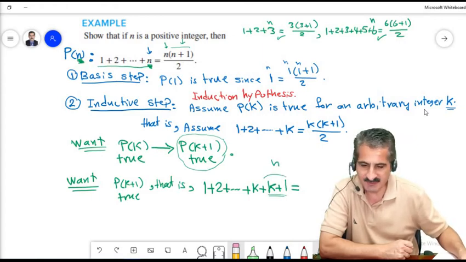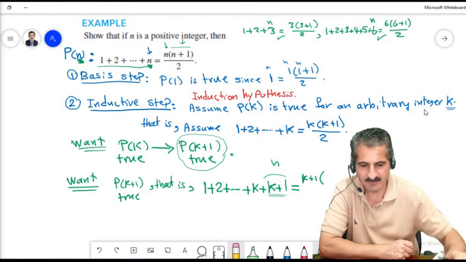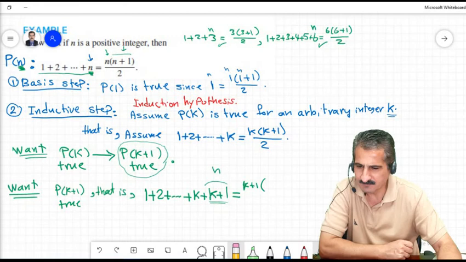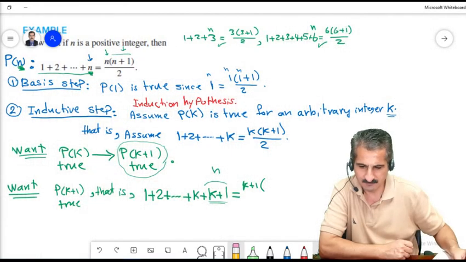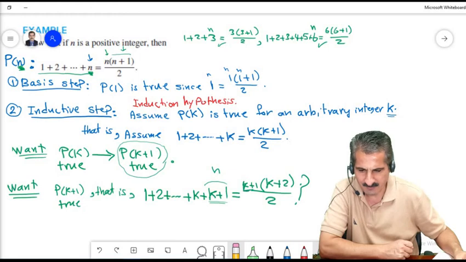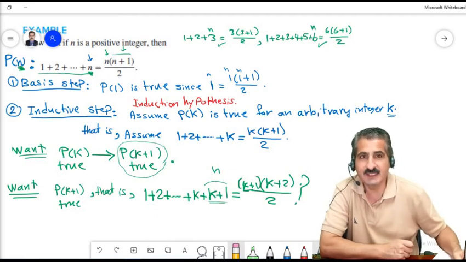And this must be n, which is k plus 1, times n plus 1, which is k plus 2, over 2. This is what we want to show. And we have parentheses here. Now, if we can show this, using the assumption that Pk is true, then we are done.